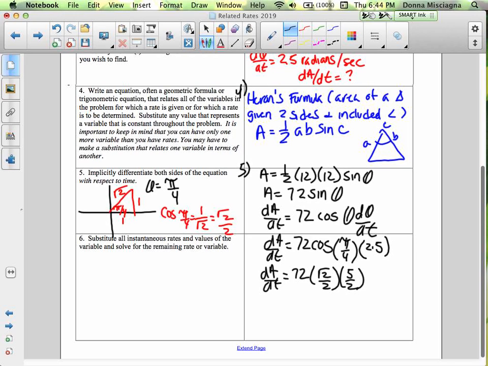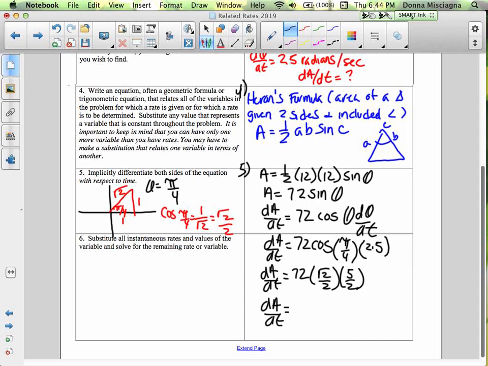Now all we've got to do is simplify. We can cancel out those 2's. So 72 divided by 4 is going to be 18. Yes, 18.